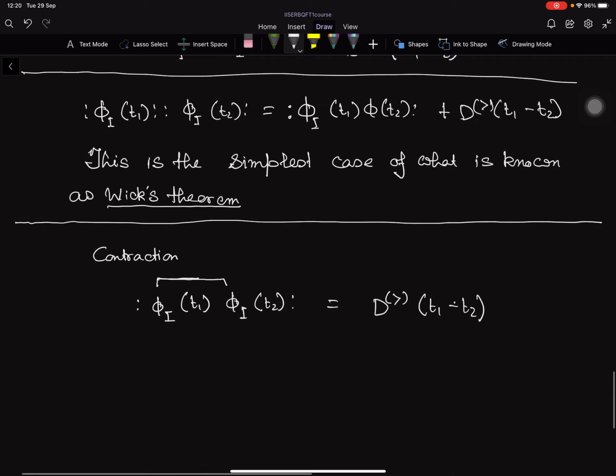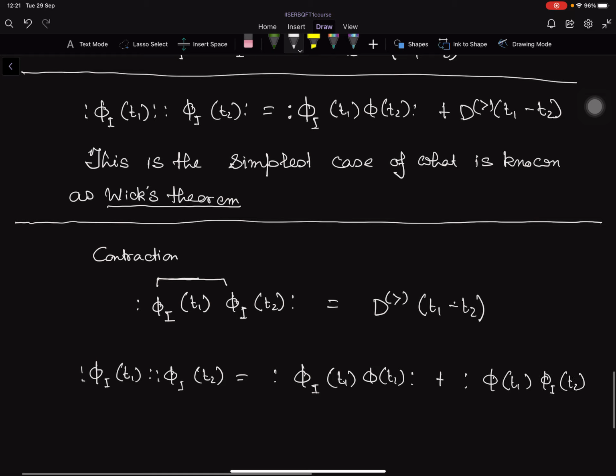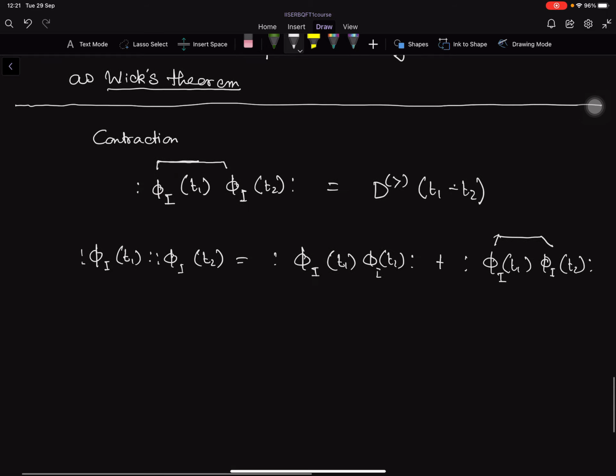Okay, and then it is written as that is completely normal ordered plus contraction. So what is defined by the contraction means you just have to take the Wightman propagator between these two points.